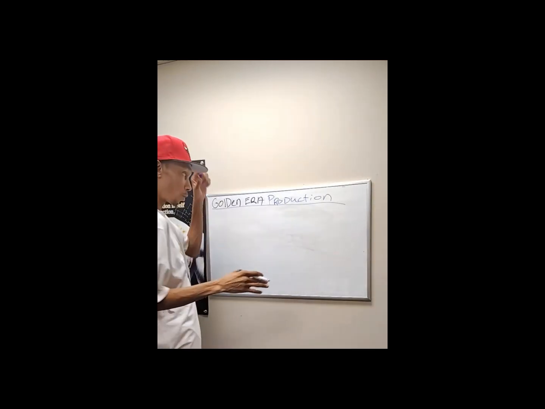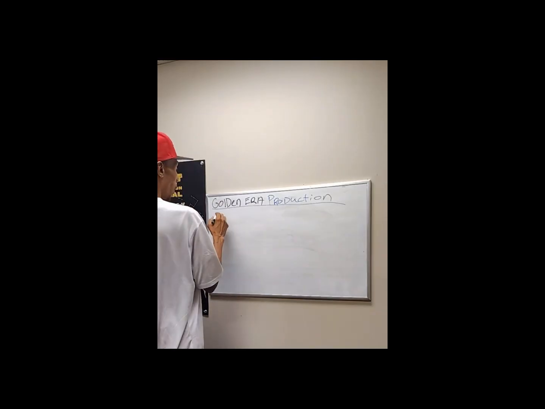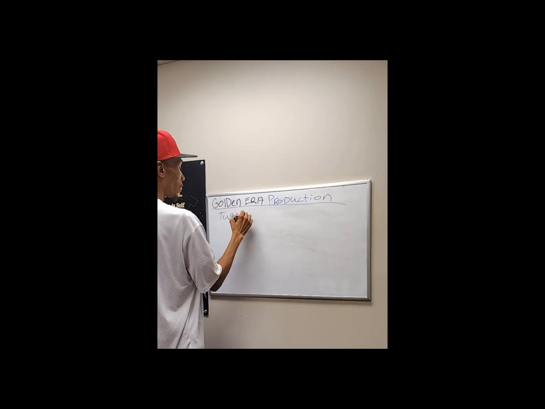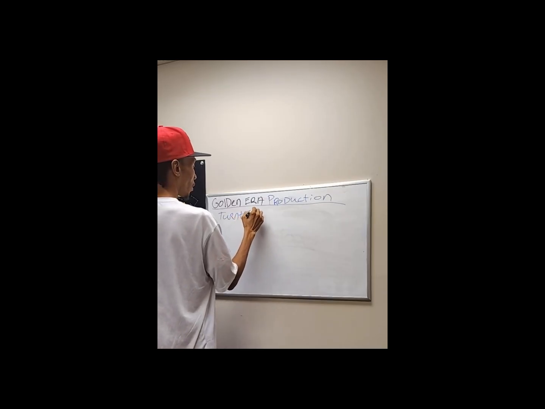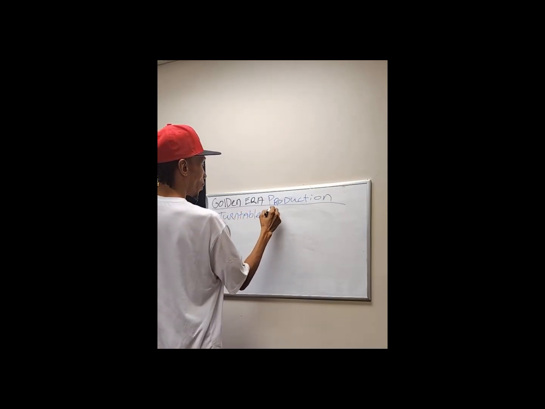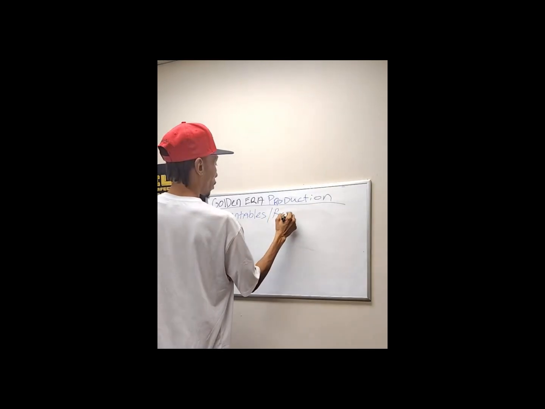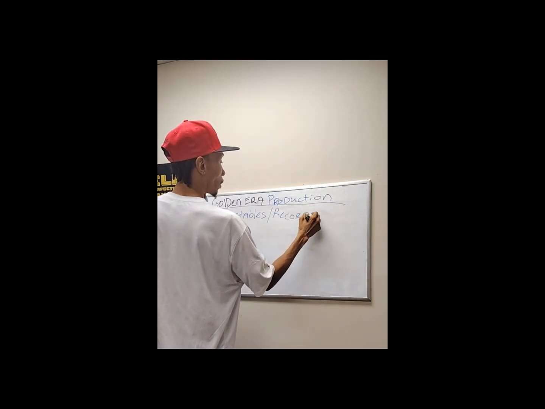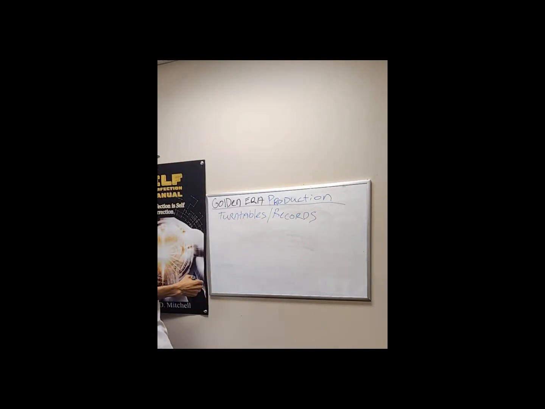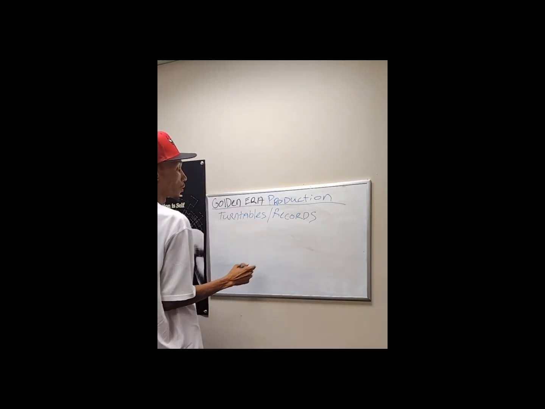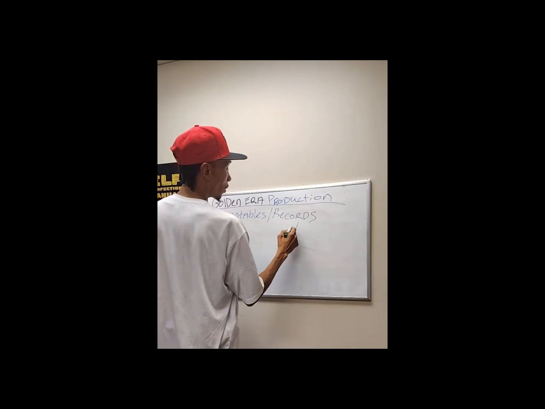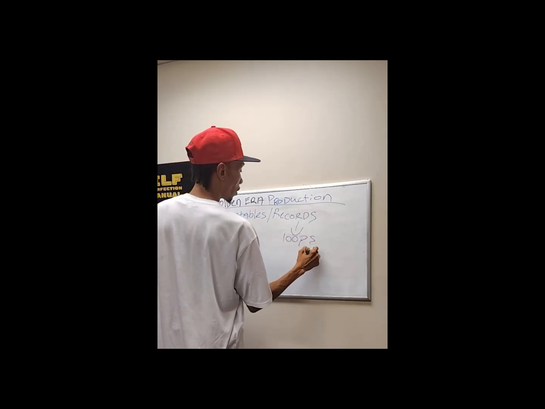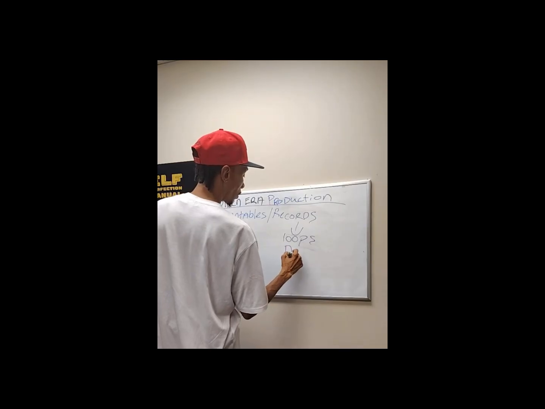Not a DJ, producer, we know that's for a fact. But we got the turntables, records. Now this is all a part of the golden era production. From the records, we get loops, drums.